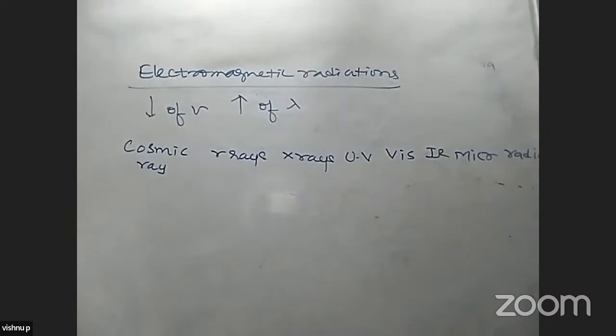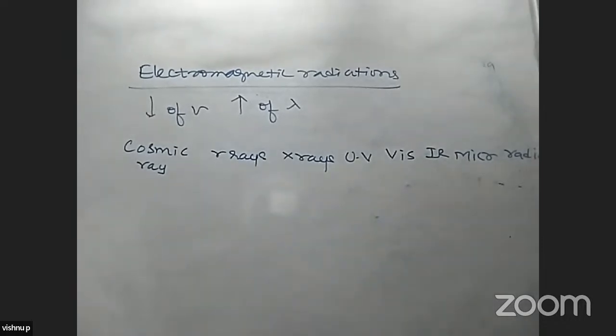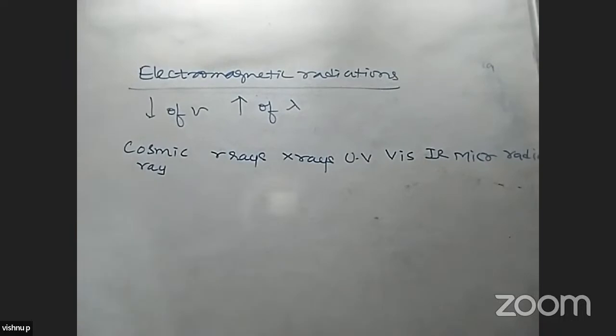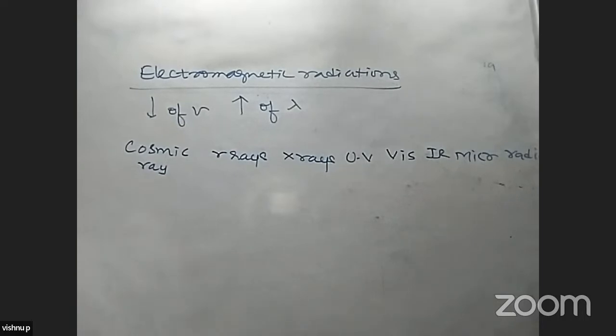From cosmic rays to radio waves, wavelength increases, and cosmic rays have the most frequency. If frequency is more, energy is also more. This is the electromagnetic spectrum.